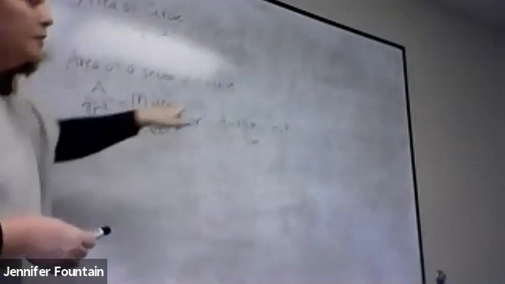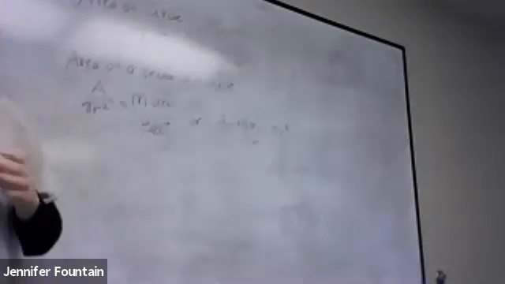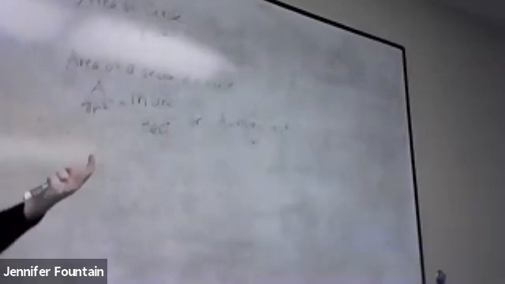Just remember, m arc means measure of the arc, mark over 360. So you can see those two formulas after theorem 11.8. You can use either one, plug in what you know, solve for what you don't know.